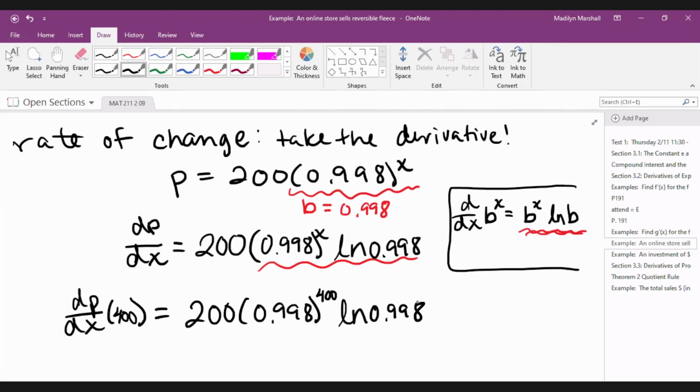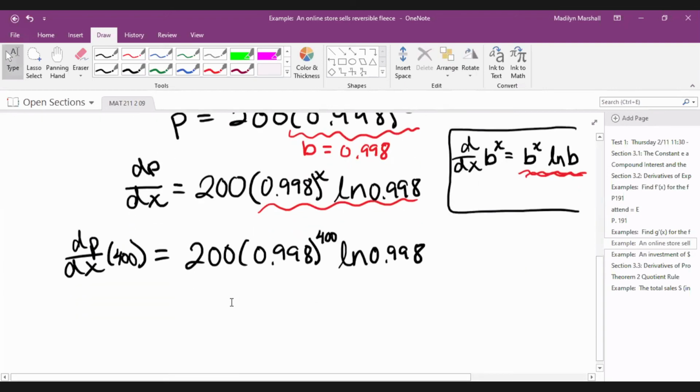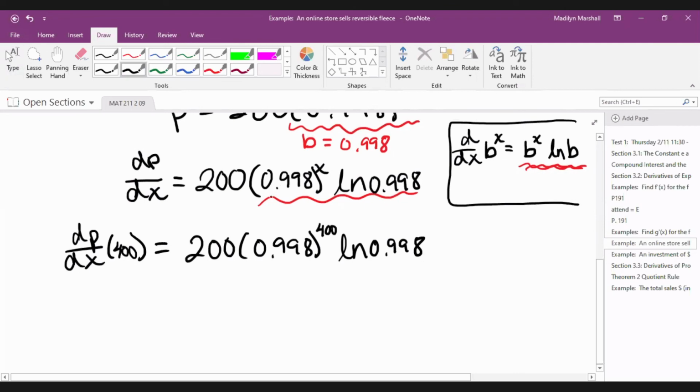So we have 200 times 0.998 to the 400 times natural log of 0.998. Okay, so you multiply the natural log, the second portion? Yes, exactly.